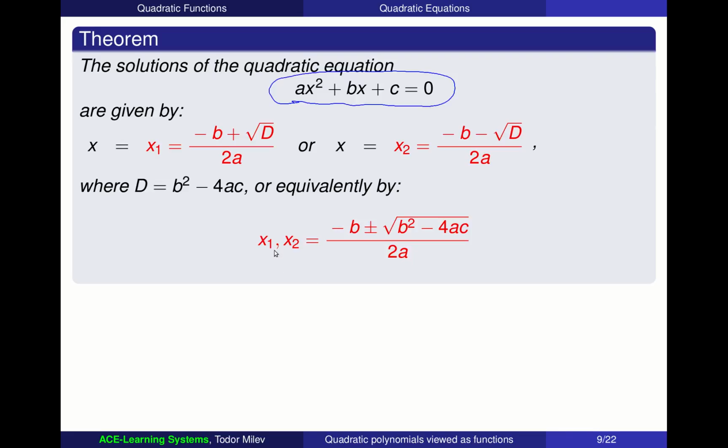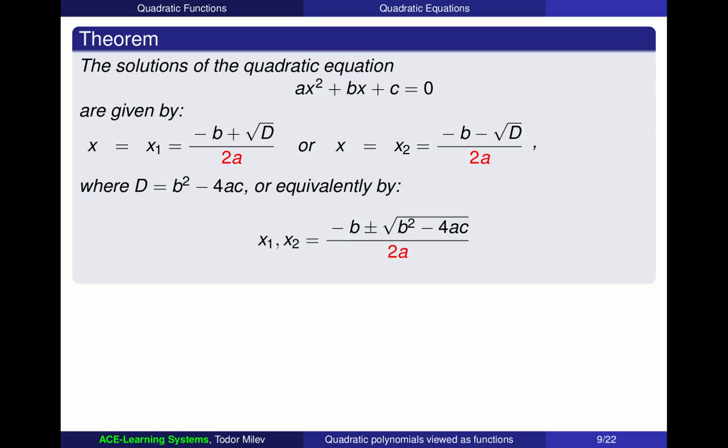Its two solutions, x1 and x2, are given by minus b plus or minus, so this symbol here is read plus or minus, because that's what we had on the previous slide, radical of b squared minus 4ac, or radical of the discriminant d, the whole thing divided by 2a.